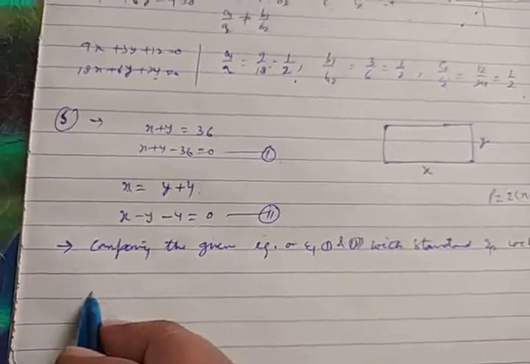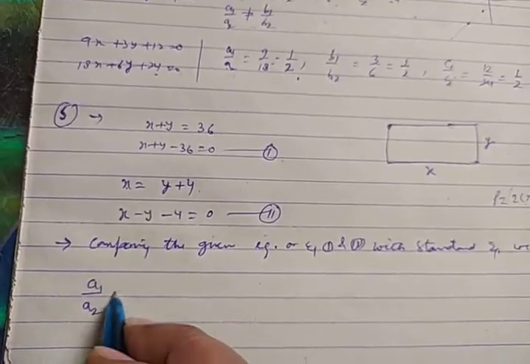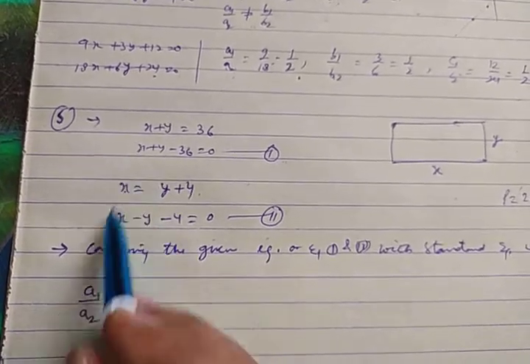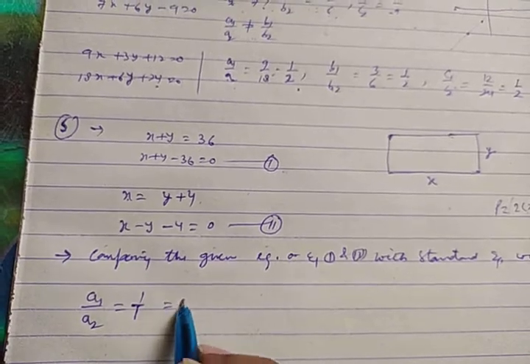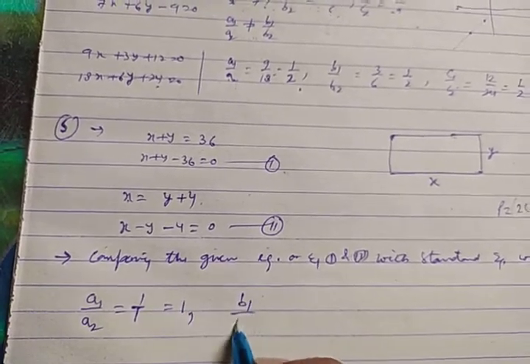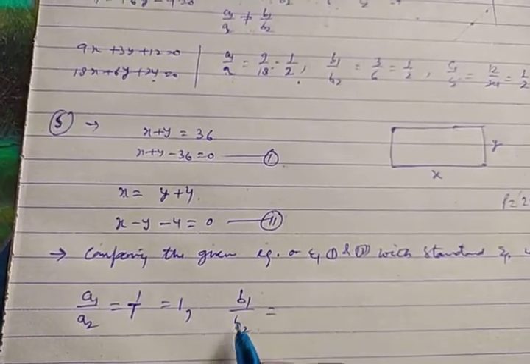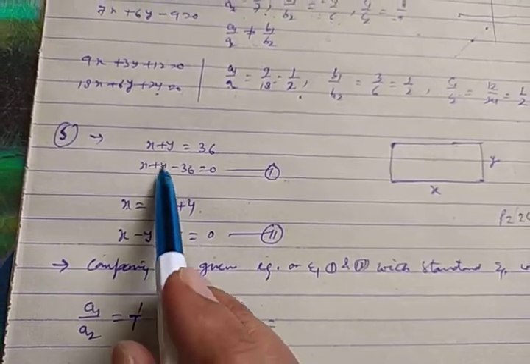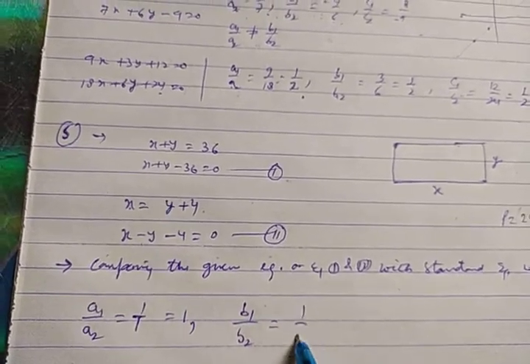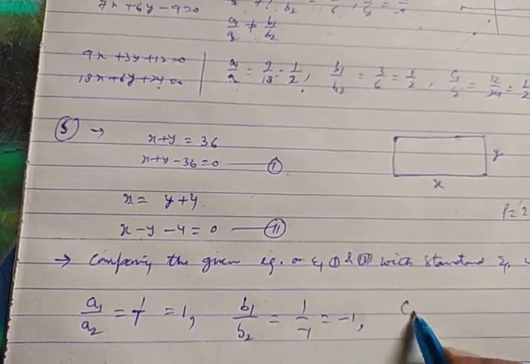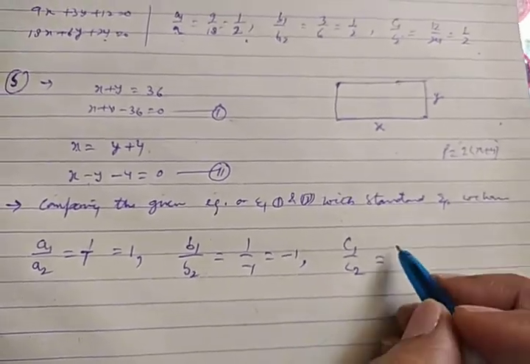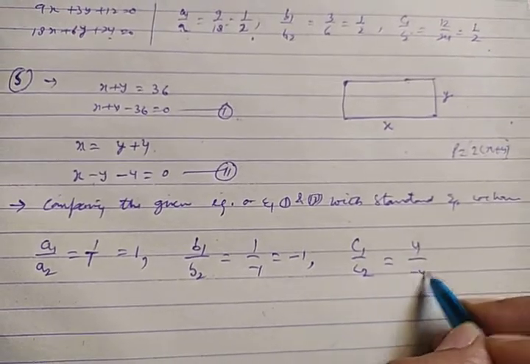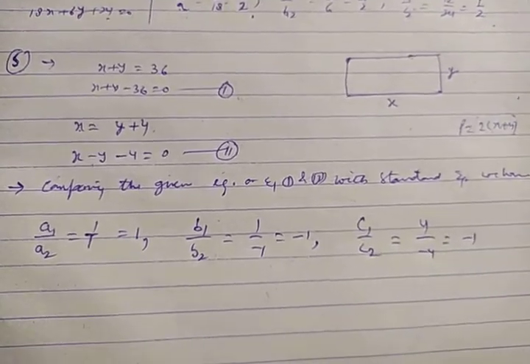Simply write a1/a2, which means 1/1, its value is 1. b1/b2, when you calculate, is 1/(-1), which is -1. c1/c2 is 36/(-4)... that is, 4/(-4), equal to -1.